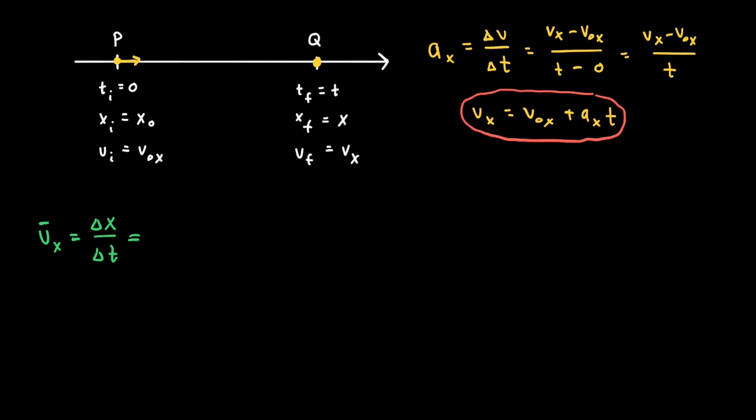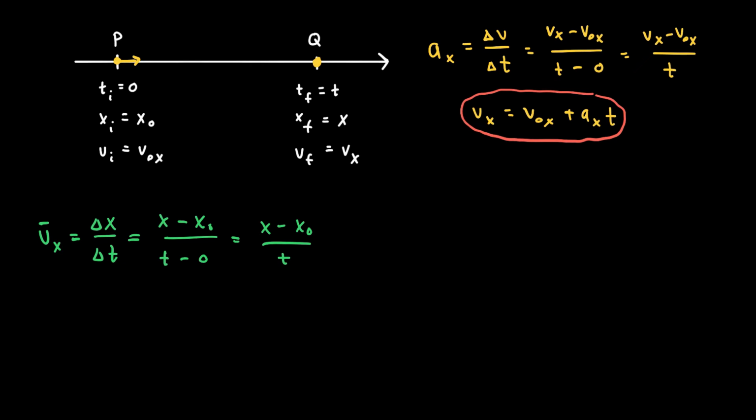So here the final position is x and the initial position is x naught. And again, the final time is t and the initial time is 0. Here, since I'm deriving equations, I'm trying to use the most generic variables that I can. And again, in this case, this can be written as x minus x naught divided by t.